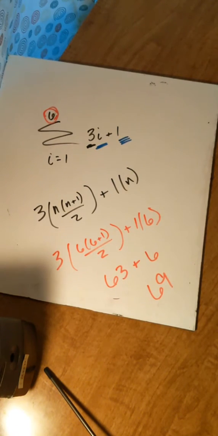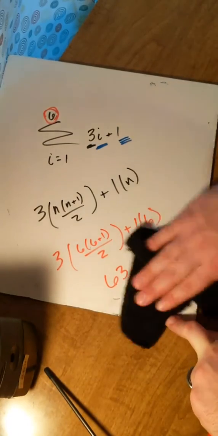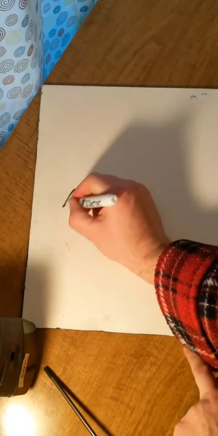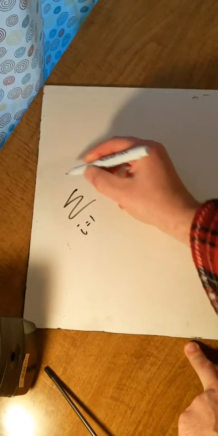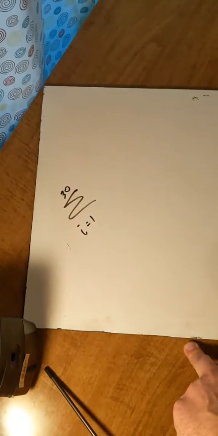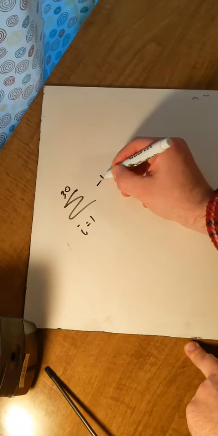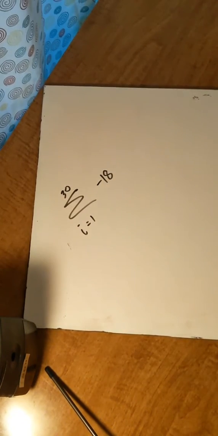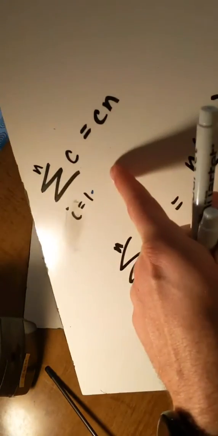Okay, so first question is, what's the summation from i equals 1 to 30 of negative 18? So negative 18 is a constant number. So we're going to use this one here.